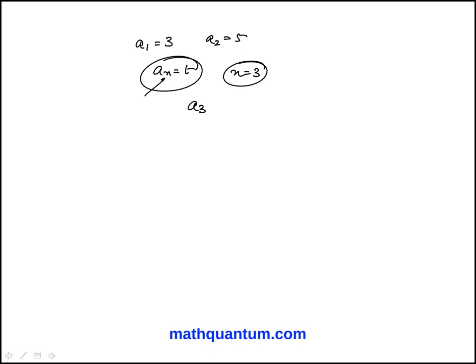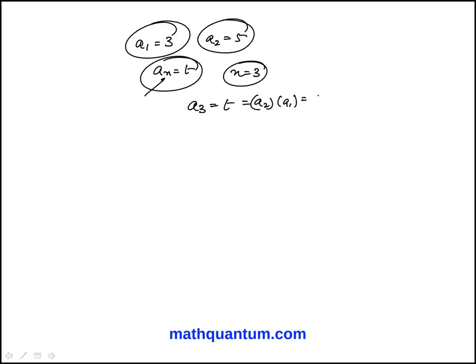So here I'm going to do the same problem with the plug-in approach. We're given A1 is 3, A2 is 5, and we're given A sub n is T. So we need to pick a value for n, and we're given the condition that from the third term onwards, all the terms are equal to the product of the previous terms. So I'm going to pick n equal to 3. So A3 is T. A3 is now the product of A2 and A1.